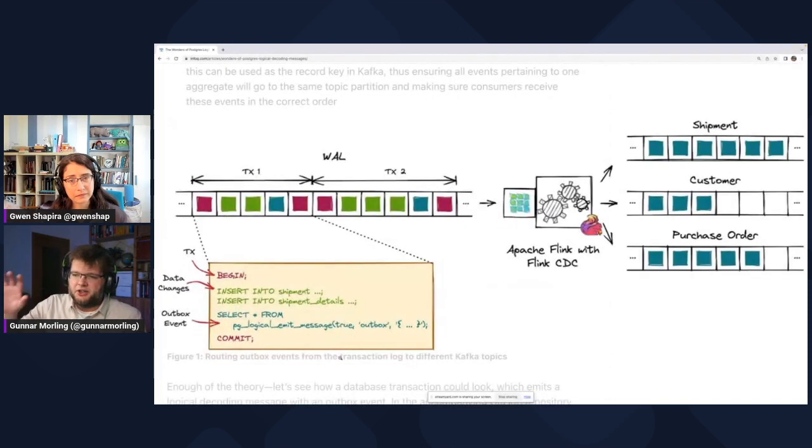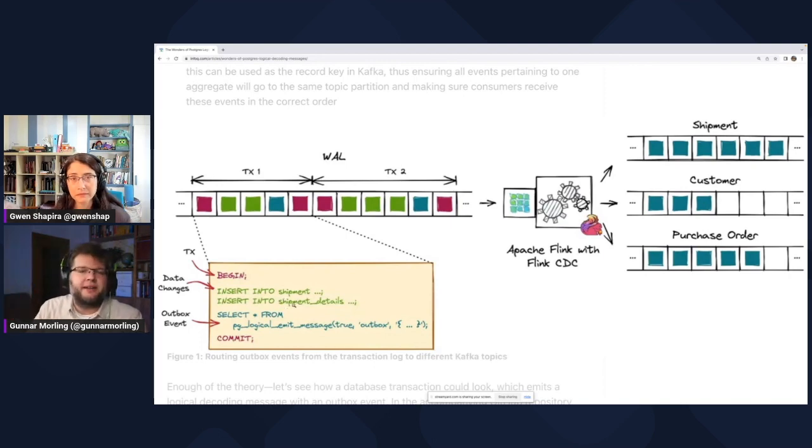So in your order service, or in this case it's a shipment service, what it does is it inserts the data in its own local tables. So that's its own local domain model with shipment details, what have you. And at the same time, it would emit this outbox message.